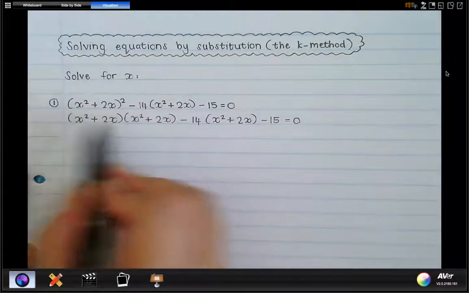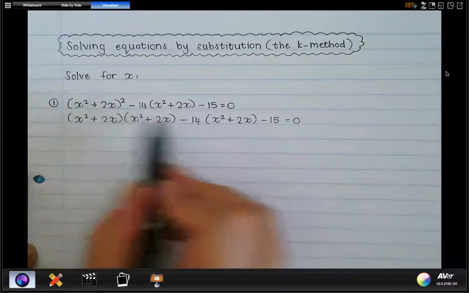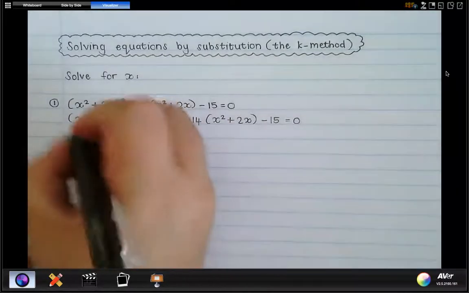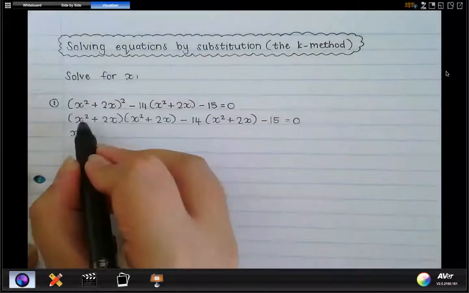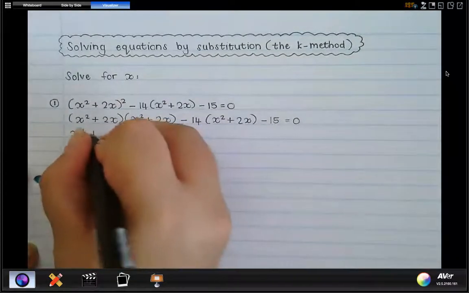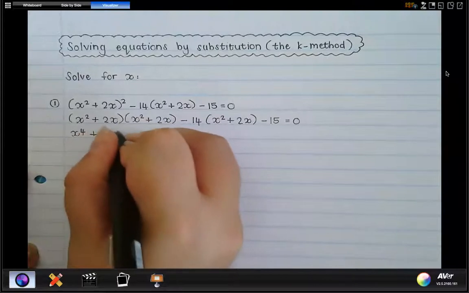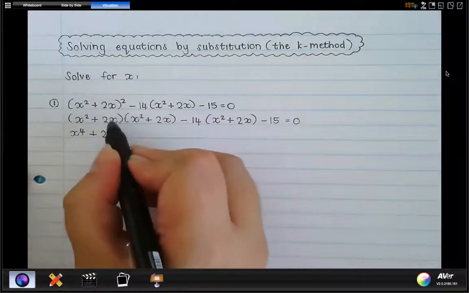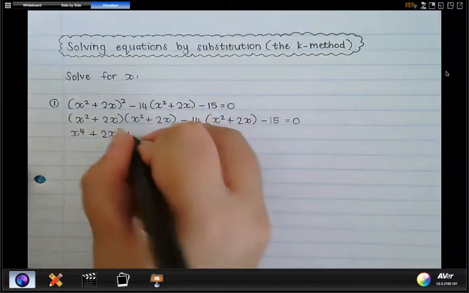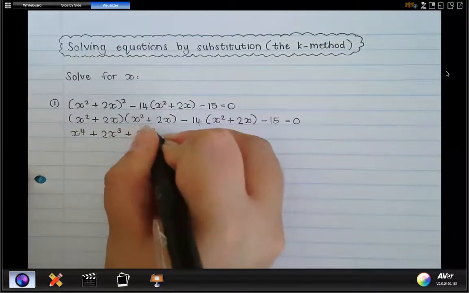Now we're going to have to FOIL these out. We have two binomials. So x squared times x squared is x to the power of 4. X squared times 2x is plus 2x to the power of 3. Then we multiply these two: 2x times x squared again gives us 2x to the power of 3.